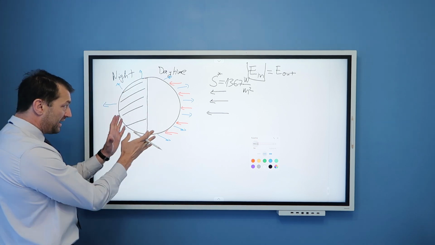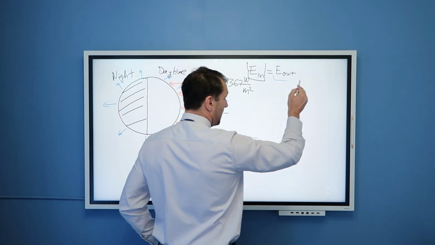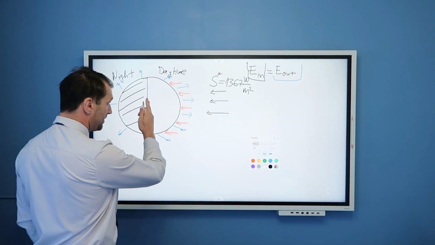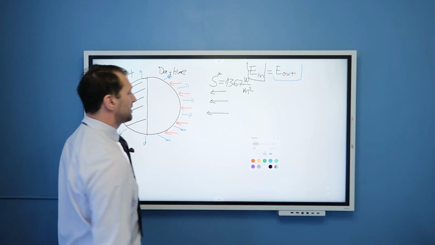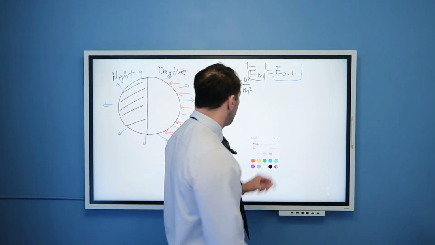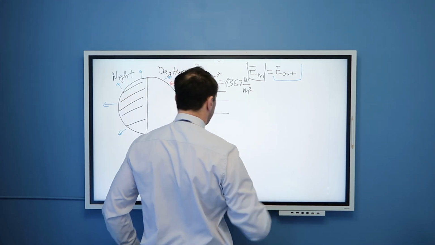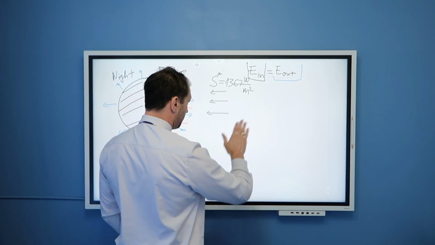So the whole planet is emitting energy out to the space, but only this part of the planet that is facing the sun is absorbing energy from the sun.